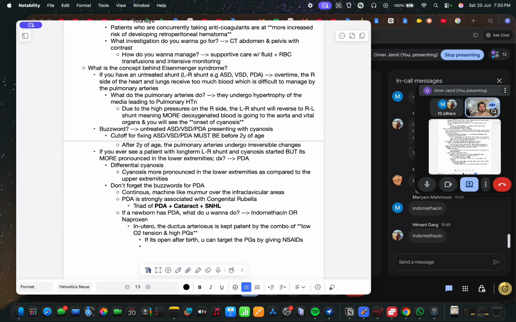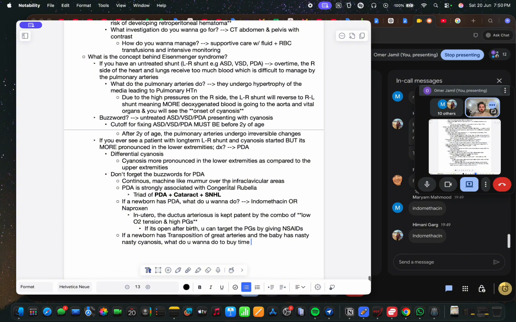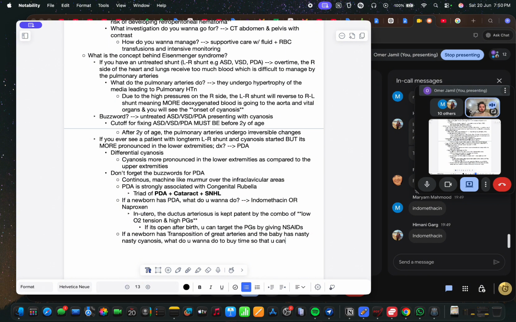But another convoluted concept: if a newborn has, let's say, transposition of the great arteries and the baby has nasty cyanosis, what do you want to do to buy time so that you can get the baby into the OR and fix the defect?